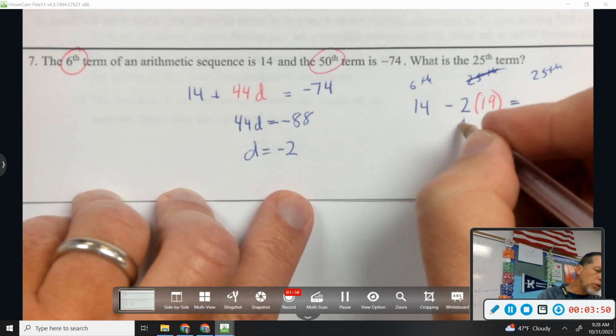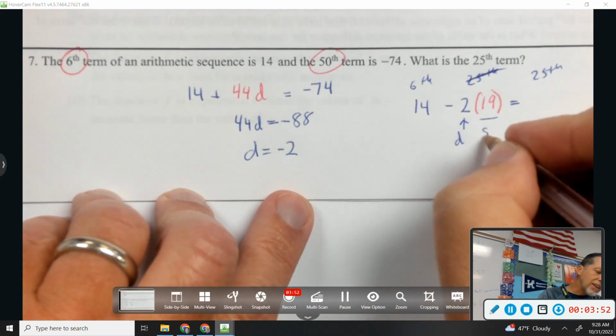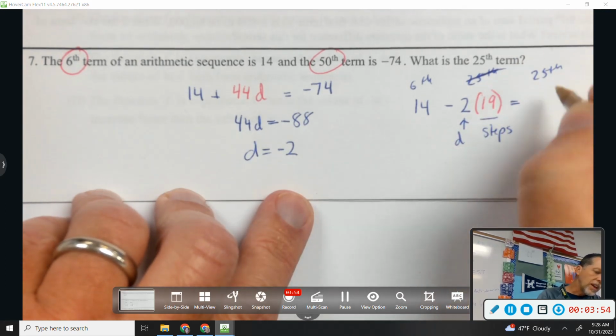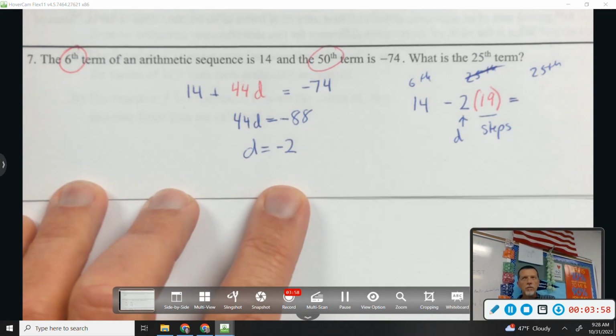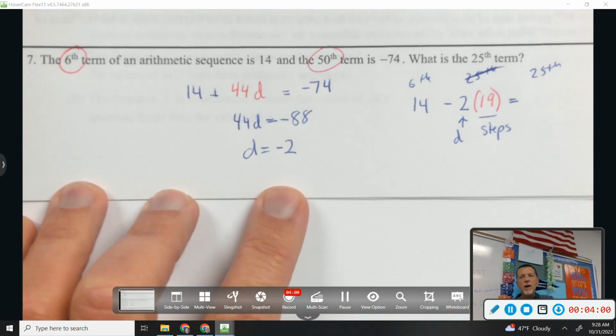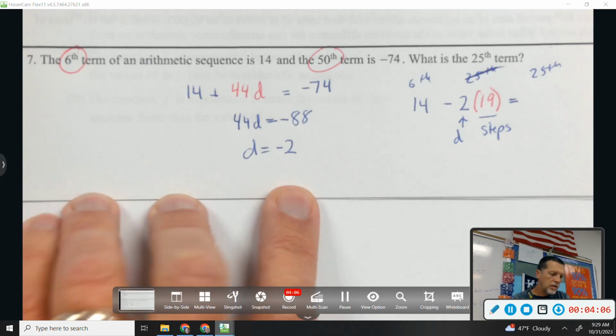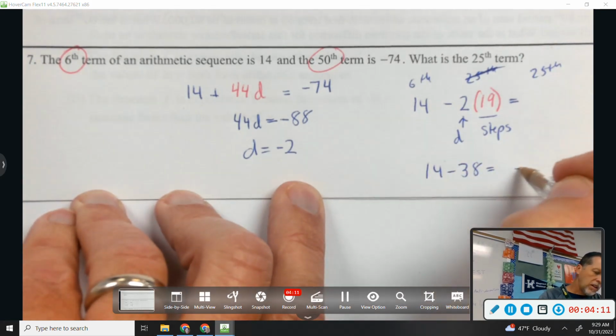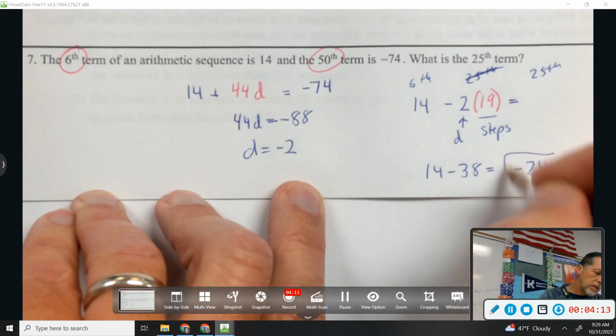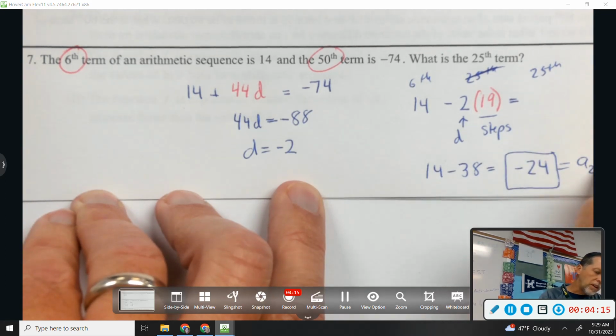The 2 is the difference. The 19 is how many steps it is to get to the 25th term. From 6 to 25, that's 19 steps. 20 terms, but I'm not counting terms, I'm counting steps. So 14 minus 38 is negative 24, the 25th term.